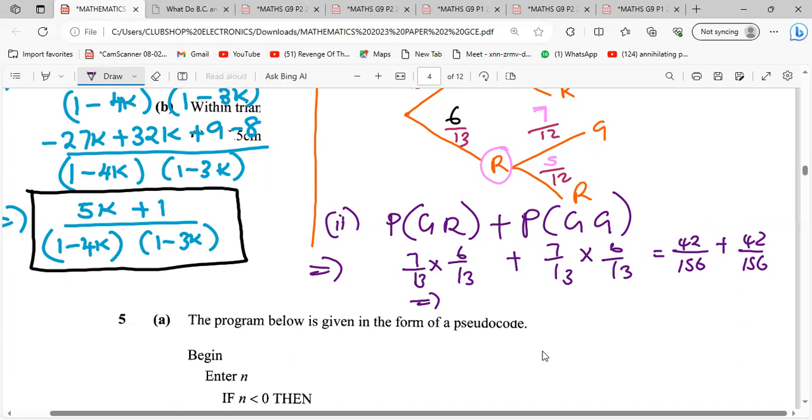So we are going to have 84 divided by 156. When you reduce this, you have 7 over 13. You can use your calculator to reduce.